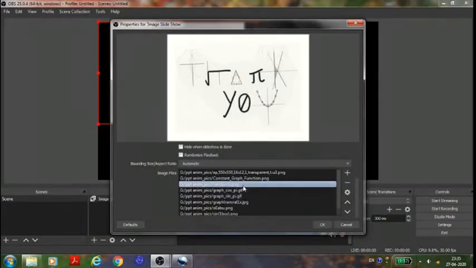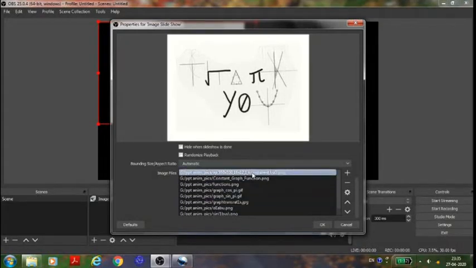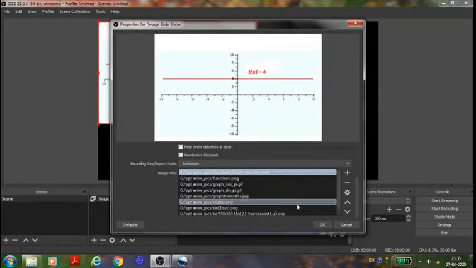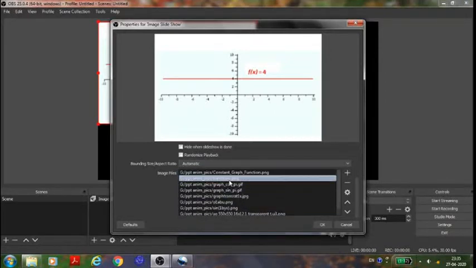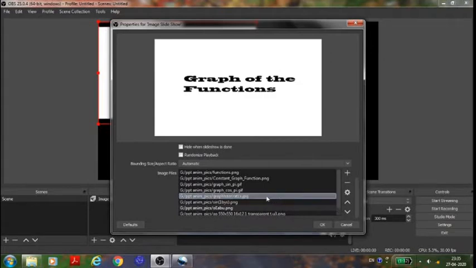And we can rearrange these, the way you want to arrange them. Just let me arrange this one.